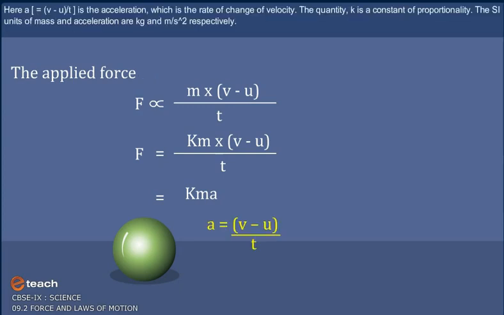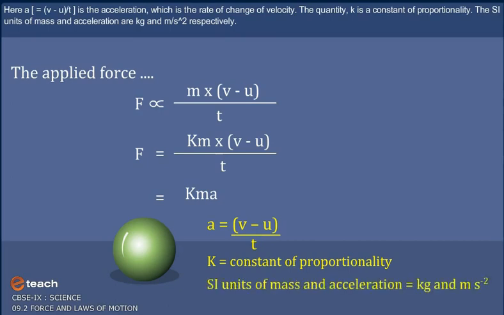Here, a = (v minus u)/t is the acceleration, which is the rate of change of velocity. The quantity k is a constant of proportionality. The SI units of mass and acceleration are kg and m s^-2 respectively.